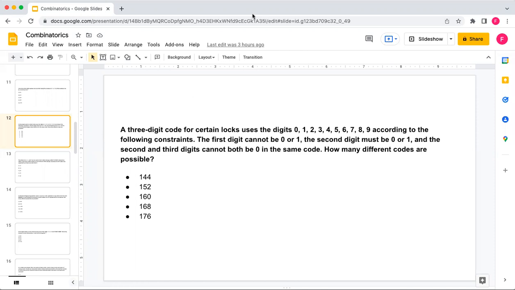I mean, if I choose 1 for the second position, then we can again choose 1 for the third position. There is no constraint for 1. The constraint is for 0. In the second condition, you have picked 1 for the second. Now for the third, yes, you have 10 options available.